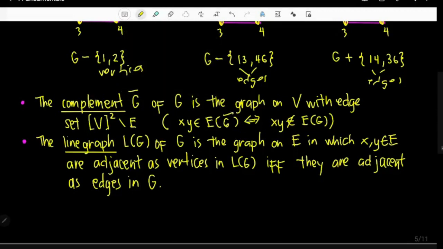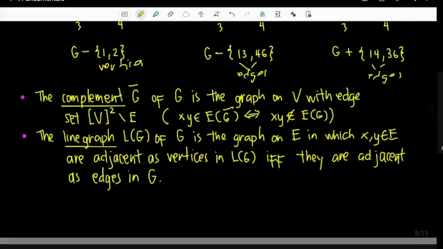So, if XY is an edge in G bar, dapat hindi siya edge sa G. Pag yung XY ay edge sa G, dapat hindi siya edge sa G bar, sa complement. So, complement, lahat ng wala kay G, na kay G bar. Lahat ng wala kay G bar, na kay G. Yan lang kasimple. That's the complement. Later, mag-drawing tayo ng complement.